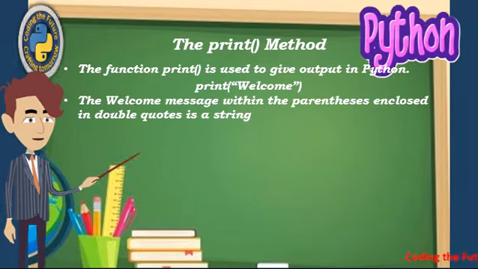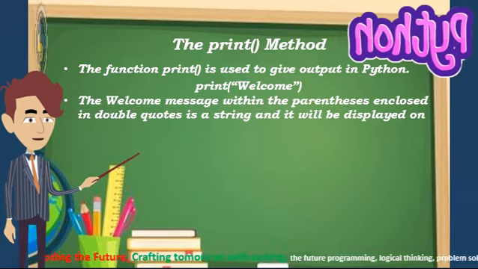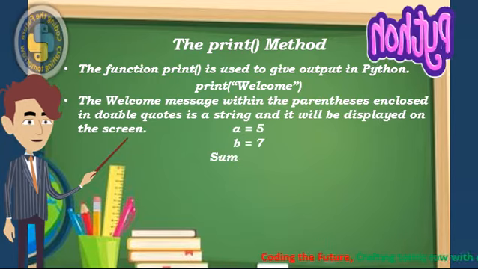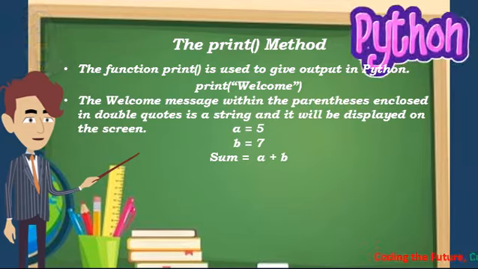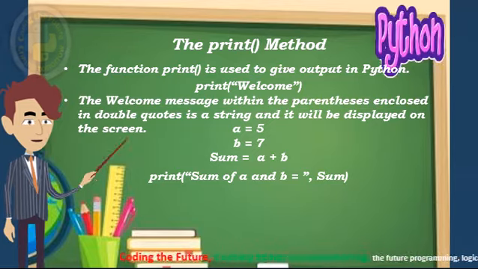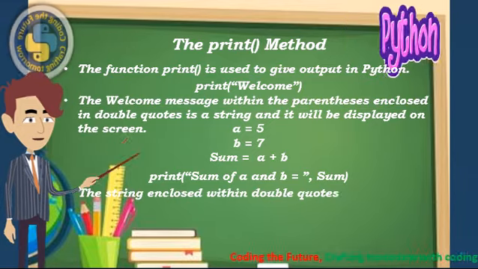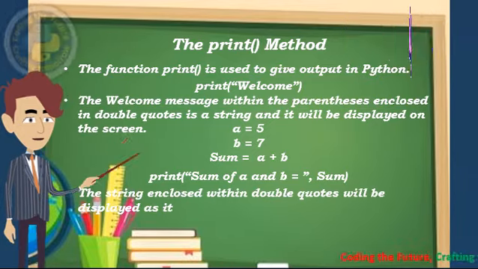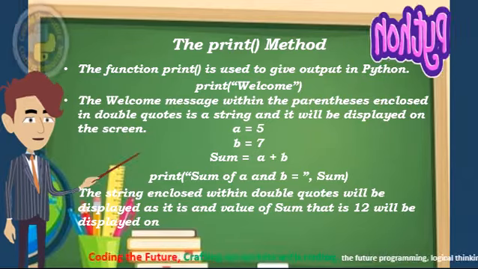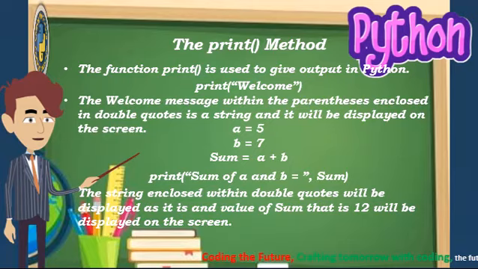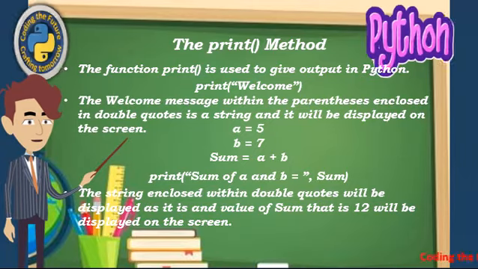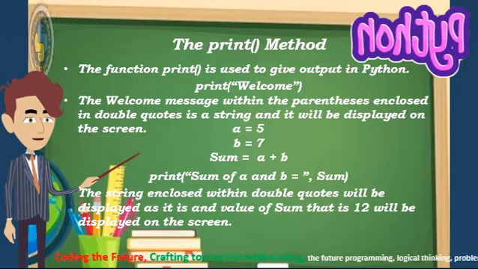The welcome message within the parentheses, enclosed in double quotation marks, is a string and it will be displayed on the screen. a = 5, b = 7, sum = a + b. print("sum of a and b =", sum). The string enclosed within double quotes will be displayed as it is and the value of sum, that is 12, will be displayed on the screen.